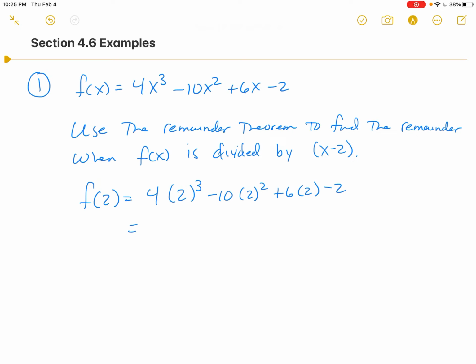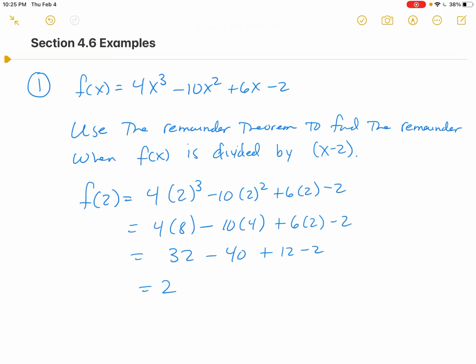So what is this? This is 4 times 8 minus 10 times 4 plus 6 times 2 minus 2. 8 times 4 is 32 minus 40 plus 12 minus 2. And if we look at 32 minus 40 plus 12 minus 2, we get a 2. So we get a nice 2 out of that.